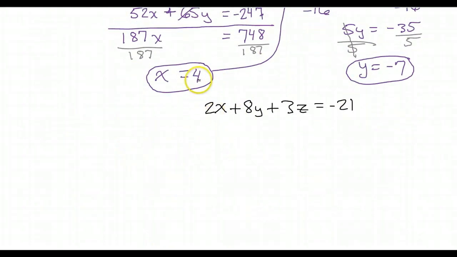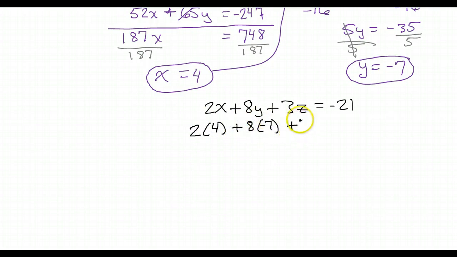So substituting 4 for x and negative 7 for y, this becomes 2 times 4 plus 8 times negative 7 plus 3z is equal to negative 21. So that's 8 minus 56 plus 3z is equal to negative 21.